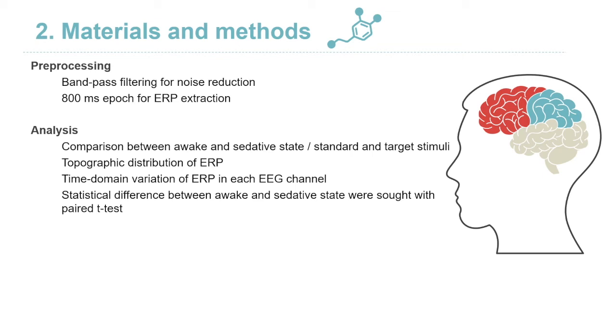The peak voltage and latency between the awake and sedation states were compared using the paired t-test. In all statistical analysis, a p-value less than 0.05 was considered statistically significant.